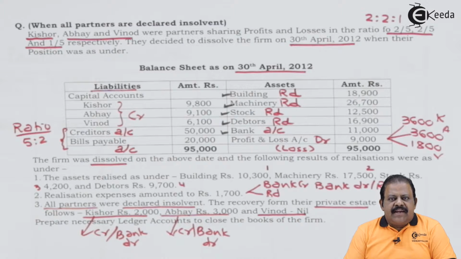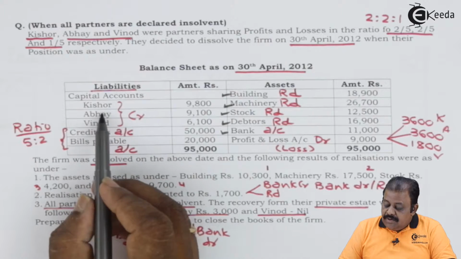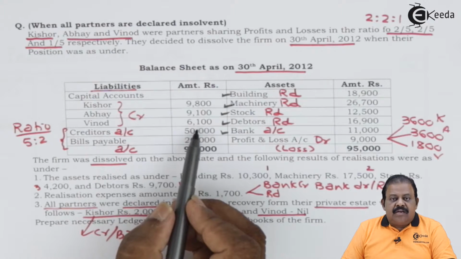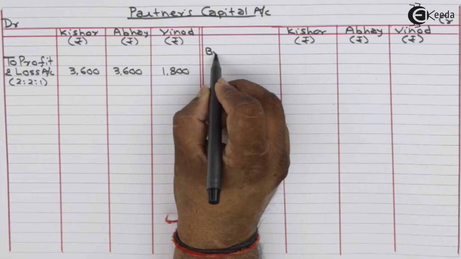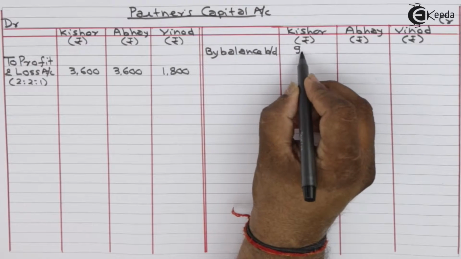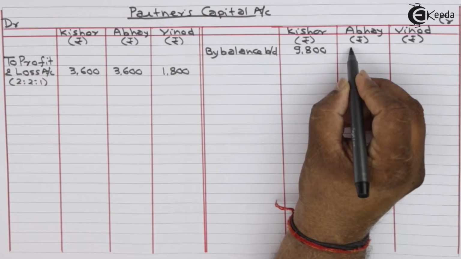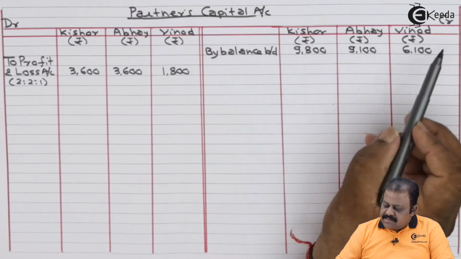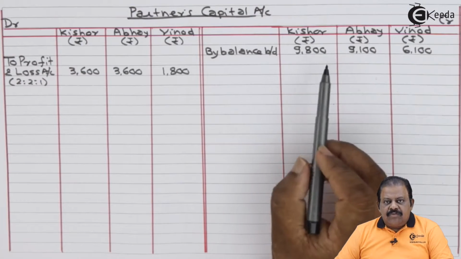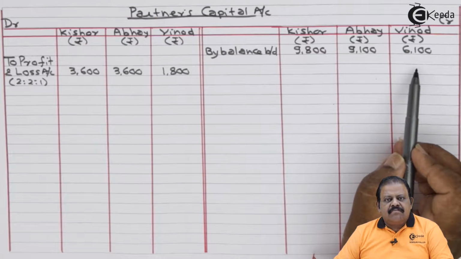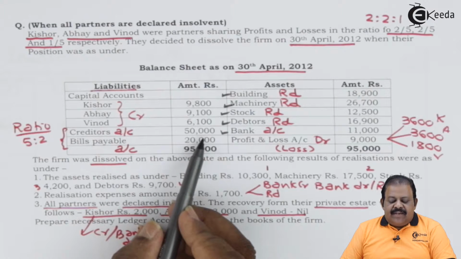Let us move to the liability side. Partners capital account. Kishore 9,800, Abhay 9,100, Vinod 6,100. This will be transferred to the credit of partners capital account. Partners capital account credit, by balance brought down. Kishore 9,800, Abhay 9,100, Vinod 6,100. Creditors will be transferred to creditors account.